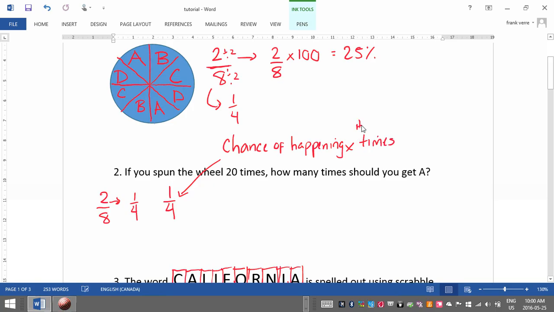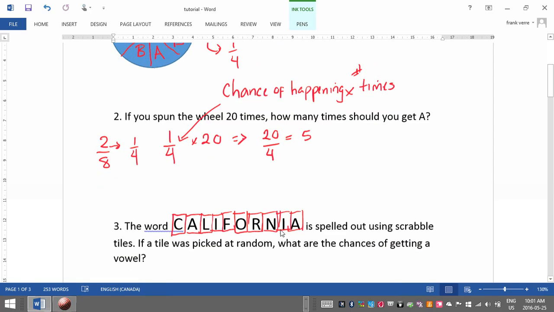Okay, so we're going to multiply this by 20 because we're going to spin it 20 times. So that's going to give us 1/4 times 20, which is the same as 20 over 4, because 1 times 20 is 20, and then we divide by 4, so that means it should happen 5 times. Okay? Alright, let's look at the next question.